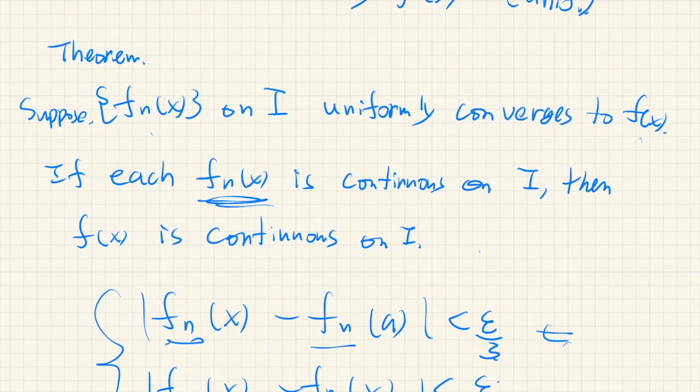So in this theorem, the important assumption is uniform convergence. If this sequence converges uniformly to this function, then the continuity of each of these terms in the sequence is inherited by the limiting function. If this convergence is not uniform, then we may have trouble. Let's see an example.